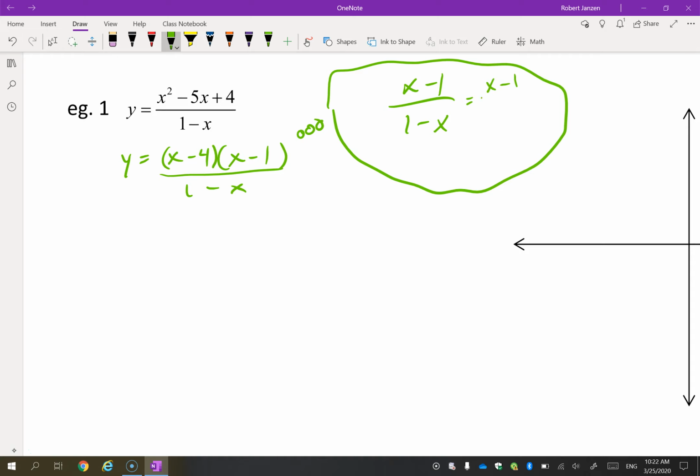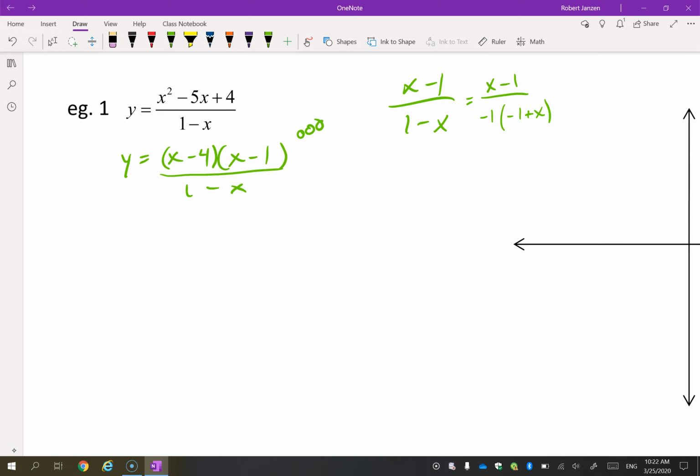If I factor out a negative from the bottom, I end up with negative 1 plus x, which if I change the order, I get x minus 1 over negative 1 times x minus 1. These are actually the same, and I'm just left with negative 1. Okay, so you need to remember that.